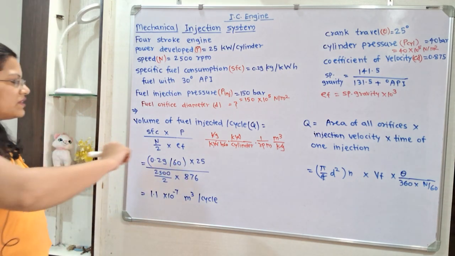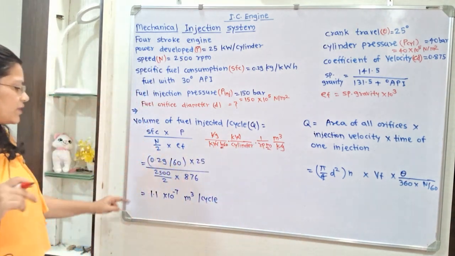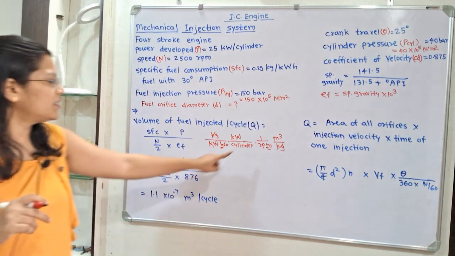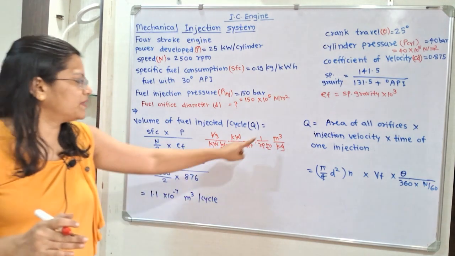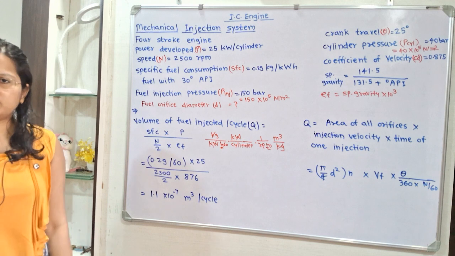Now if we observe, this is the time, that is hour or minute, and this is RPM. So what is the answer? 1.1 into 10 raised to minus 7 meter cube per cylinder, or we can also say meter cube per cycle. So this is the volume of fuel injected.